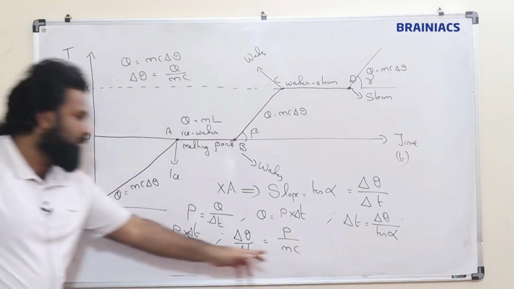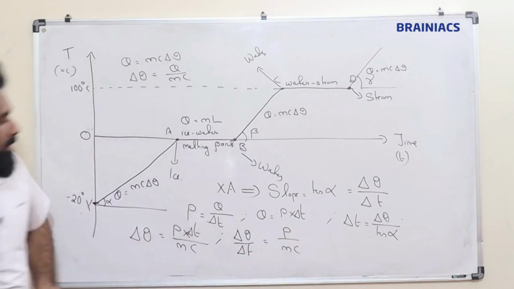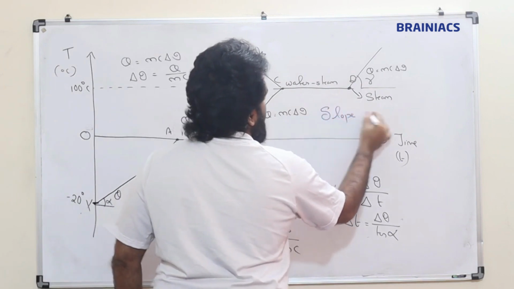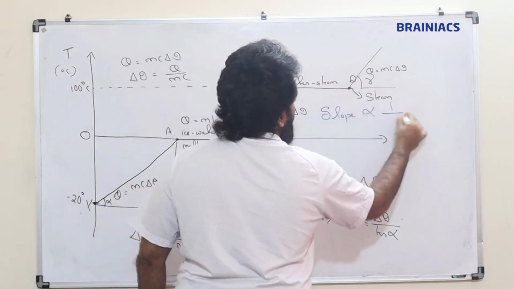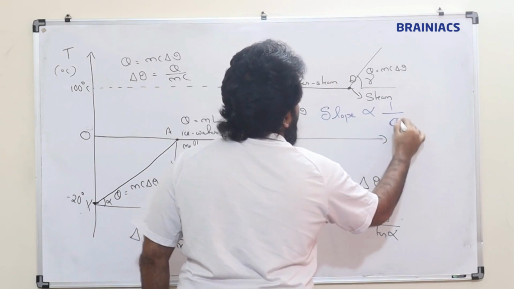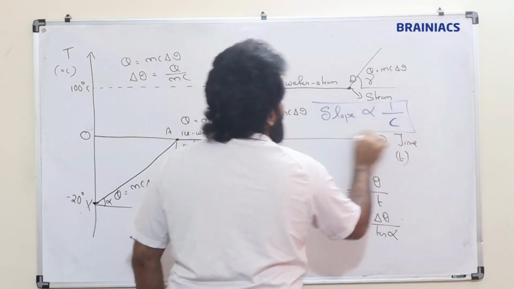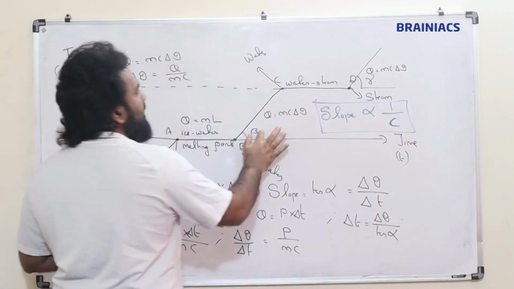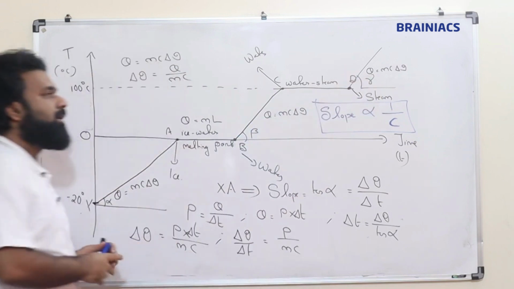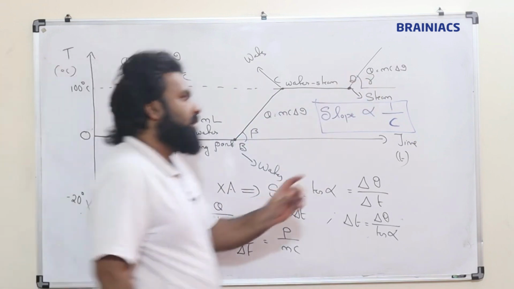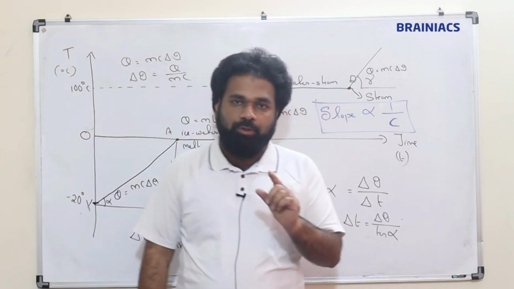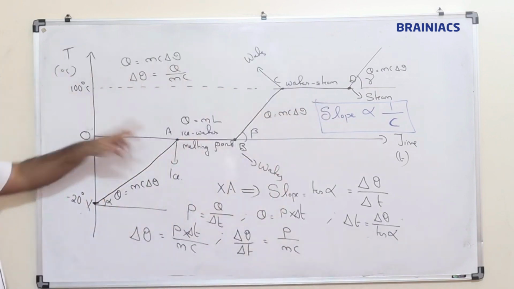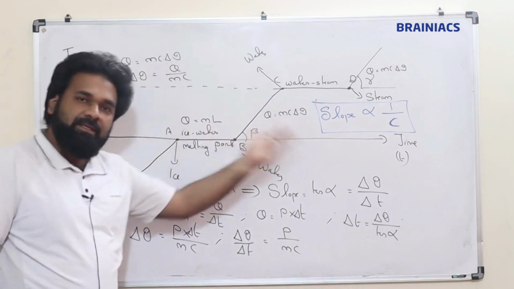So from this we should understand one thing: slope is inversely proportional to the specific heat. The same thing will happen with beta and gamma also. So children, slope is inversely proportional to specific heat when you plot a temperature-time or temperature-heat graph.